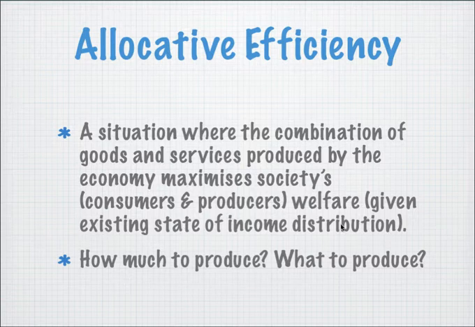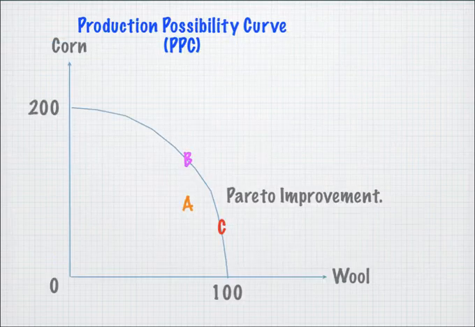What does this actually mean? What can you tell from this assumption here? What it actually means is that if you were to change the distribution of income in the economy, the whole situation will change. You'll not have the same allocatively efficient point.